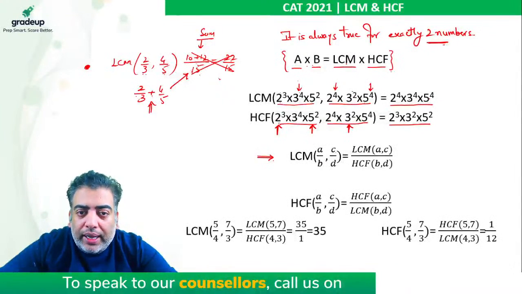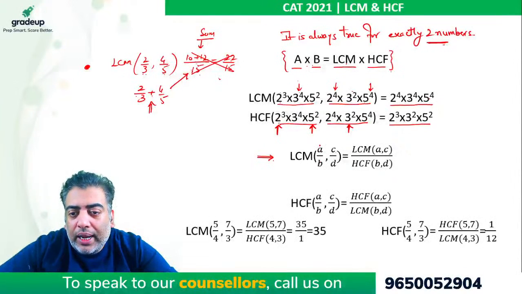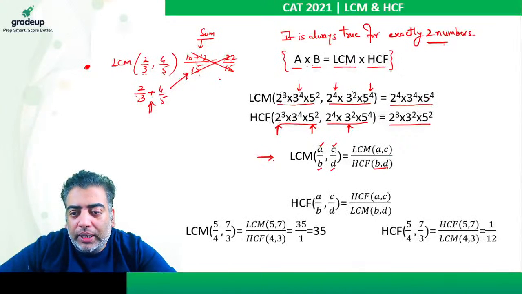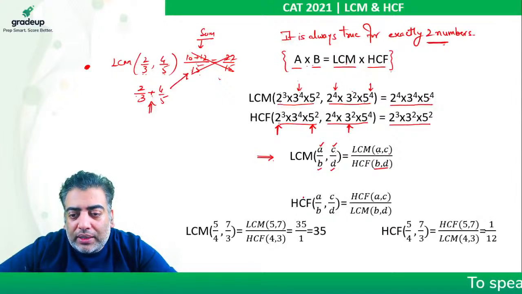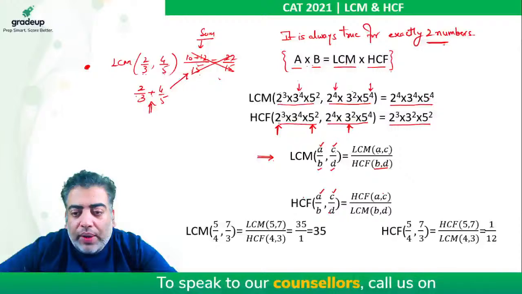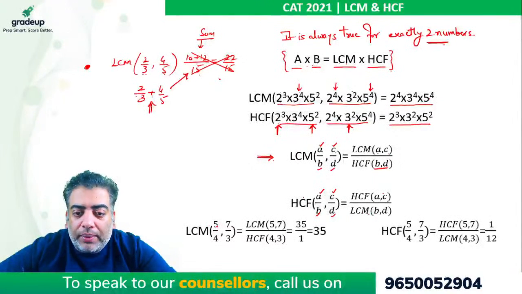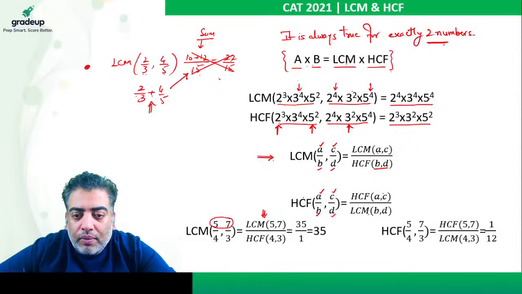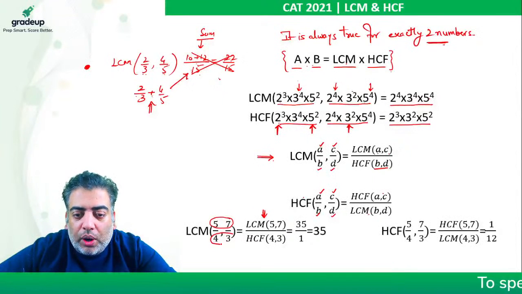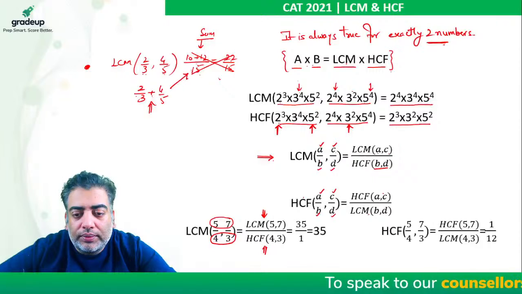In order to find LCM of fractions, we need to take LCM of the values in the numerator divided by HCF of the values in the denominator. And in case of HCF, it will be HCF of the values in the numerator divided by LCM of the values in the denominator. Like if I am required LCM of 5 by 4, 7 by 3, I will take LCM of 5 and 7 in the numerator divided by HCF of 4 and 3 in the denominator.